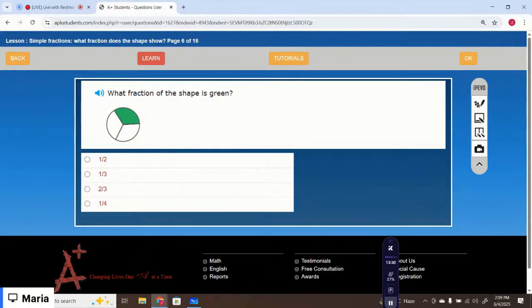What fraction of the shape is green? Very good. That is option number two, one out of three it is.